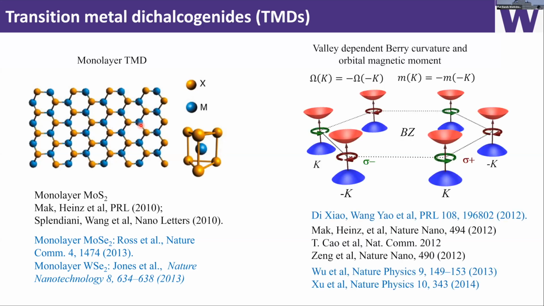As my collaborators Di Xiao and Wang Yao pointed out almost a decade ago, this inversion symmetry breaking gives rise to important valley-contrasting physical properties. This includes valley-dependent Berry curvatures and valley-dependent magnetic moments, and all these become important ingredients to realize these Chern bands or topology in the systems.